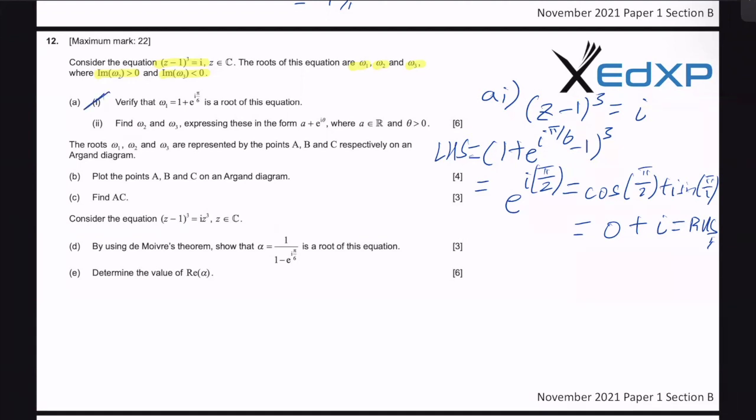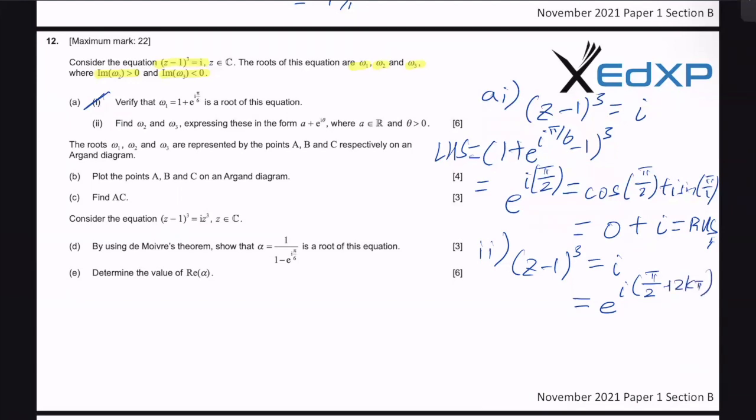Now, we want to find A part 2, omega 2 and omega 3. In order to find all the roots of the equation, we need to solve the equation. So we have (z - 1)^3 equals i. We can express this as e^(i(π/2 + 2kπ)).